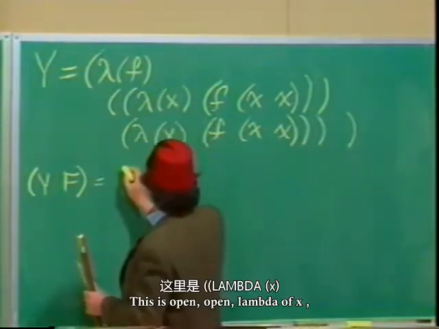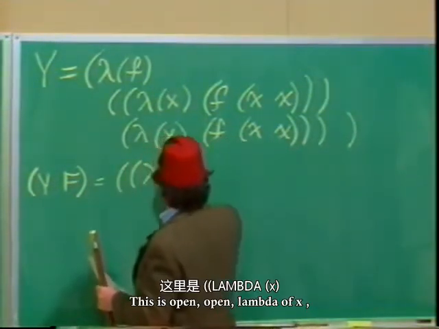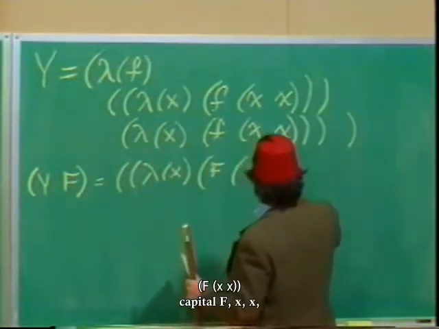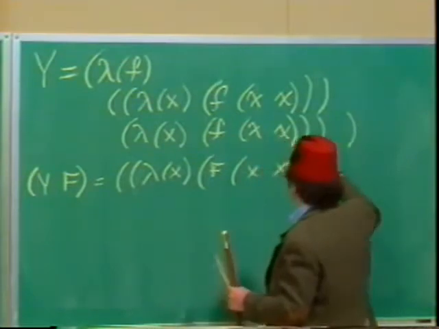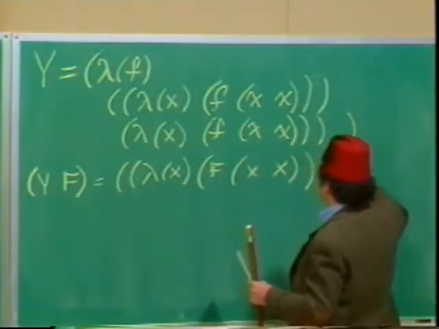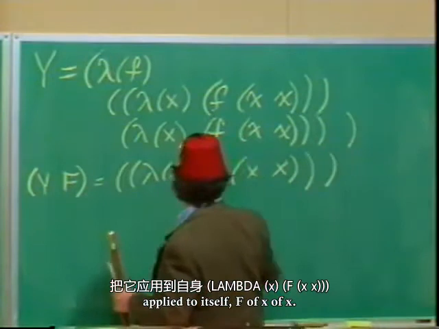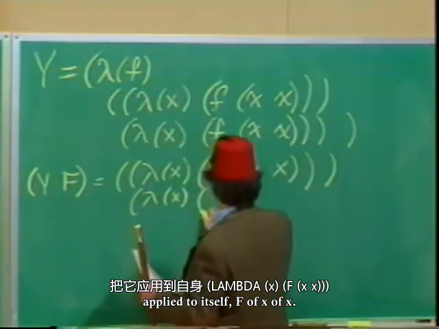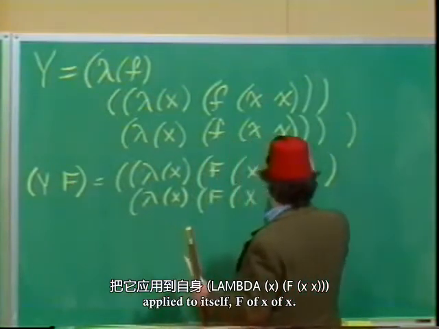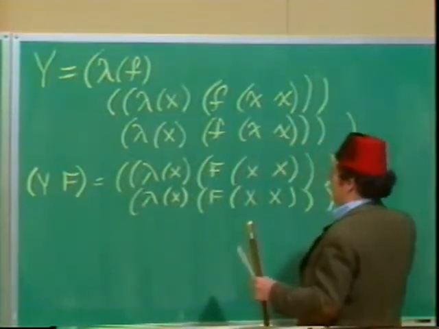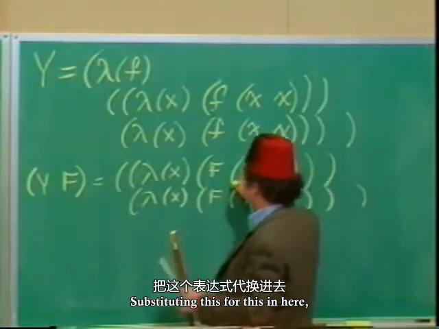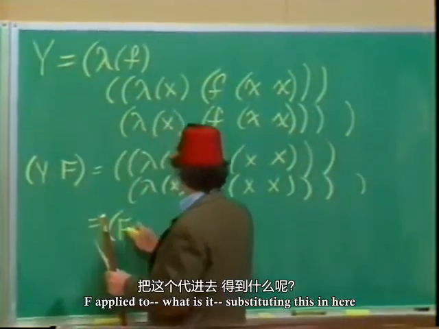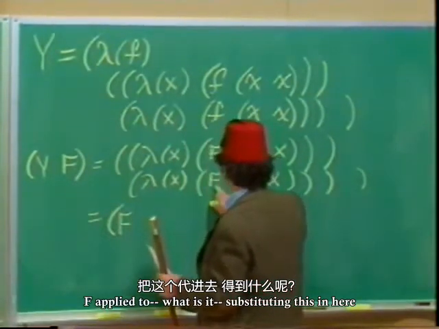This is open, open, lambda of x, f of x of x, applied to itself, f of x of x. Substituting this for this in here, this is f applied to, what is it?